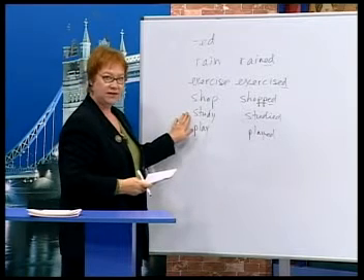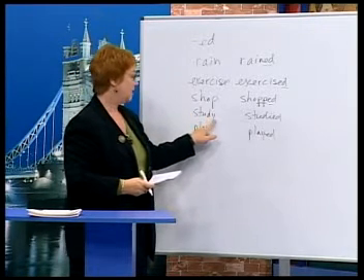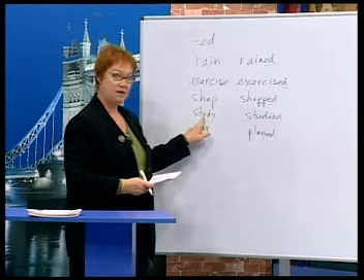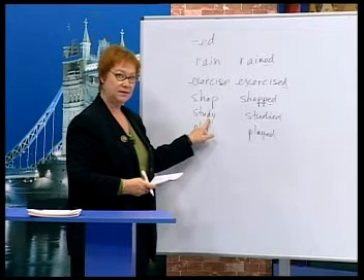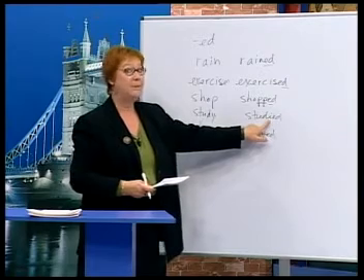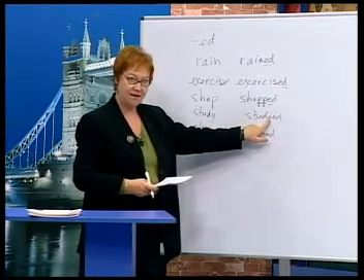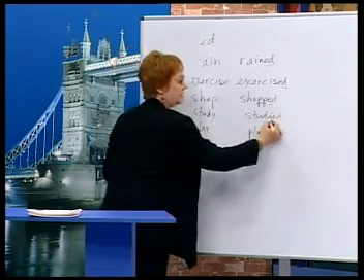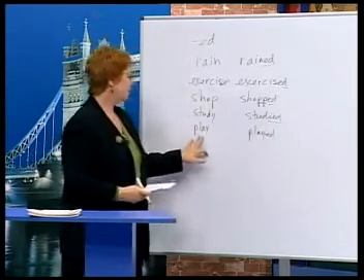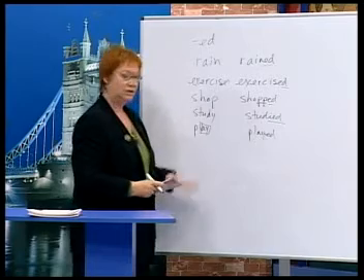Now, again, with this one, we have 1 consonant and a Y. This one you have to remember because the Y turns into an I, and then we add ED. And then this one we have AY, which is kind of a package.